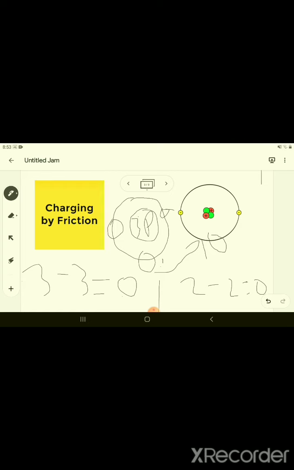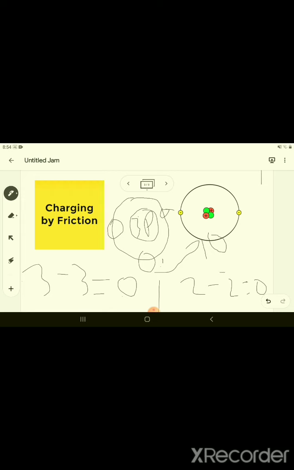So let's say we take two different pieces of material containing these atoms and rub them together. What you'll have happening is that electrons may be able to transfer from one set of atoms over to the other.